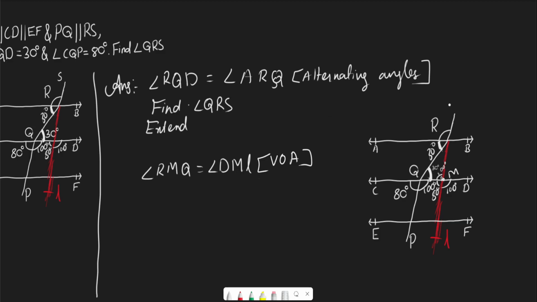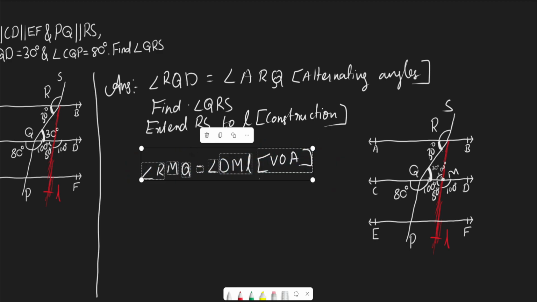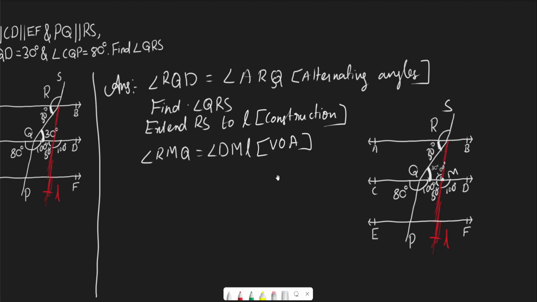Yeah, RS is here. Okay, so extend RS to L, construction. Just write construction, and it's clear to the reader. Alright, let's just put this here. Alright, so we got that, and voila.